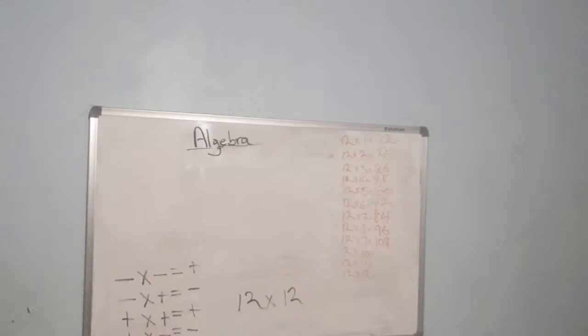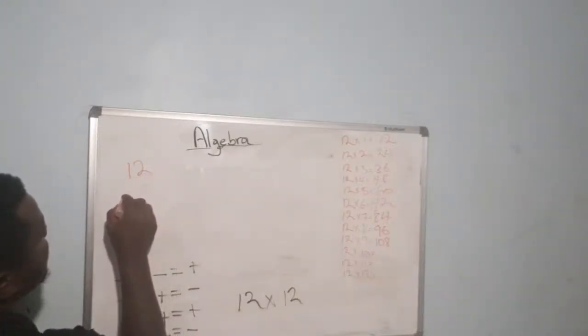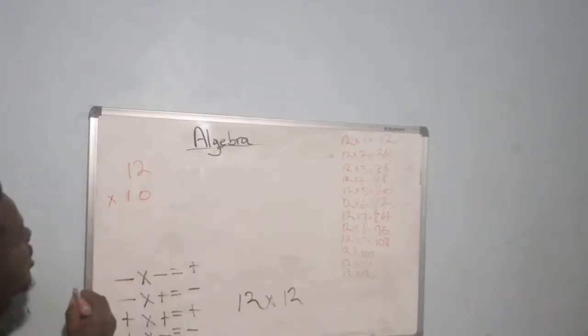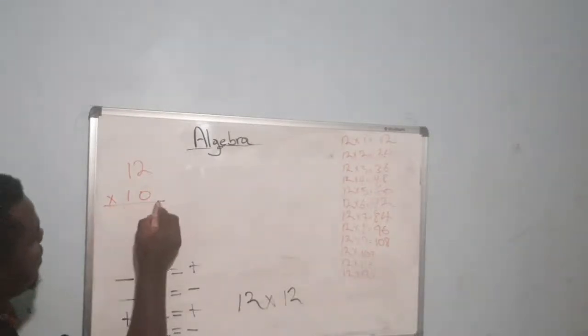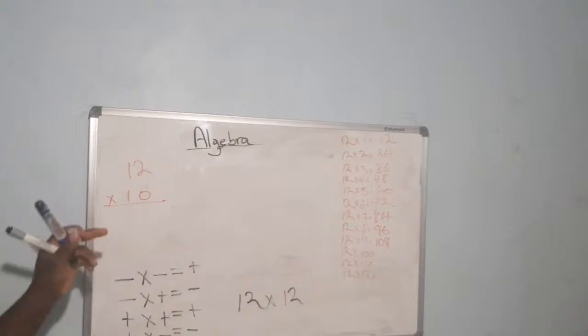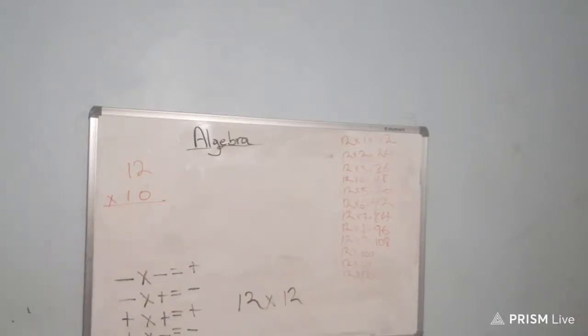So 12 times 10. Now we actually arrive at something a little different, because this is a 2-digit multiplication. As simple as it looks, it's a 2-digit multiplication, which requires a different strategy or a different method.